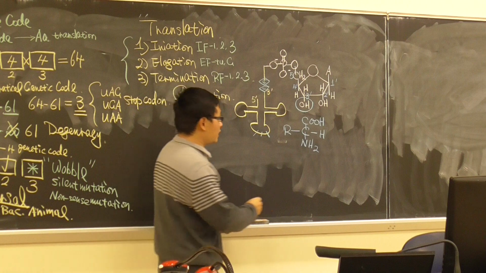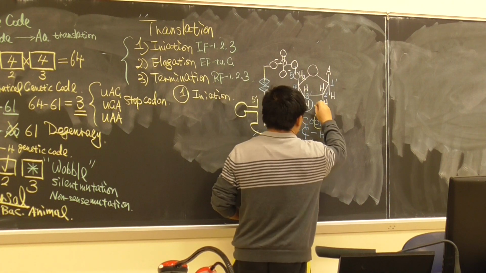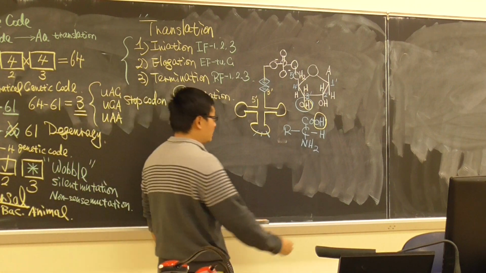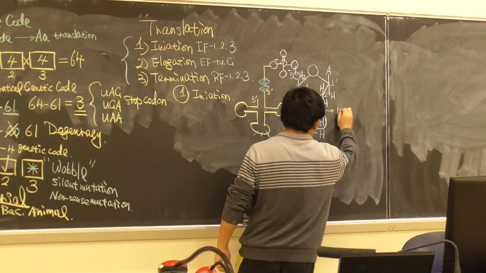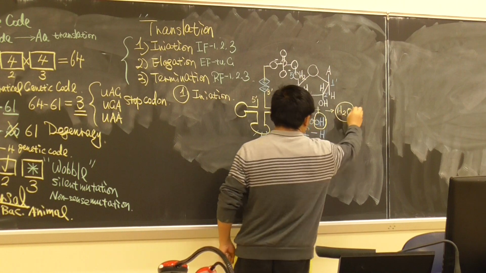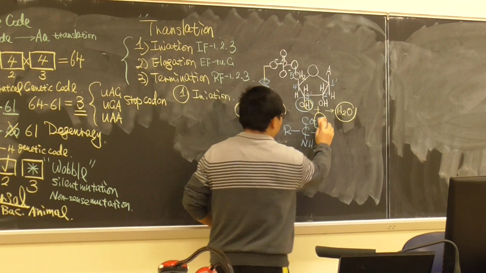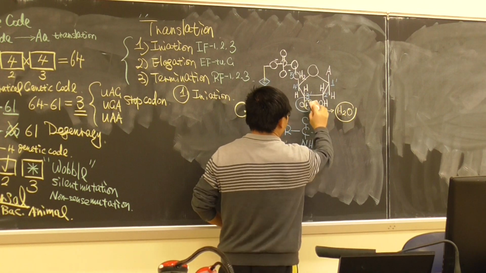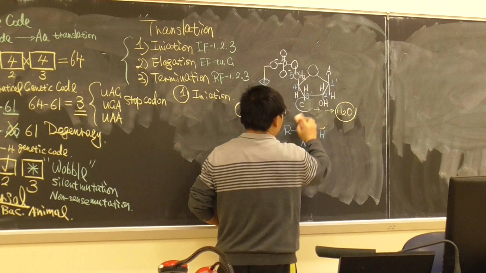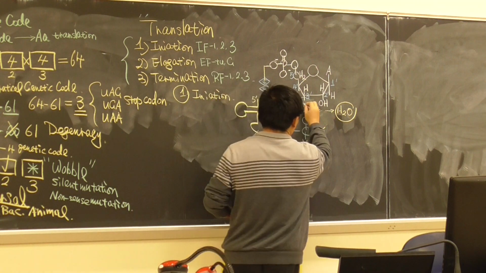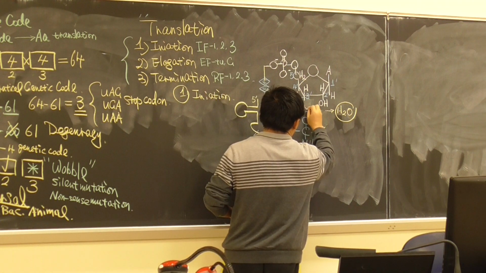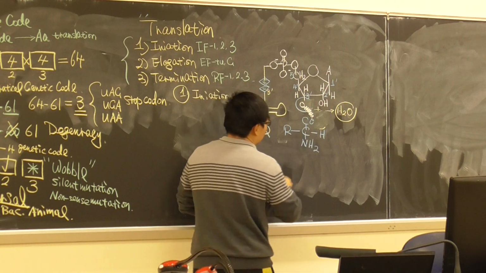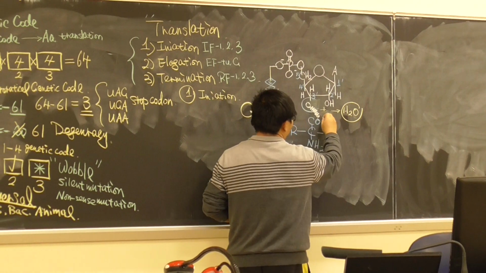The story is going to happen right here, to this oxygen of the 3 prime end. If they add together, we'll have water come out. And then this is gone. The hydroxyl group is gone, and this H is gone. So how are they connected? They are actually connected with this O, a high energy bond.